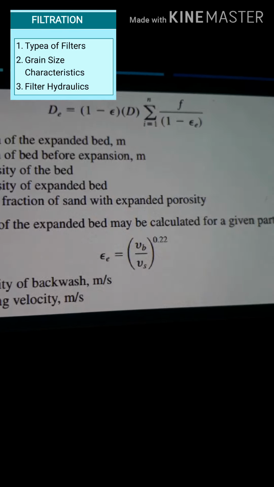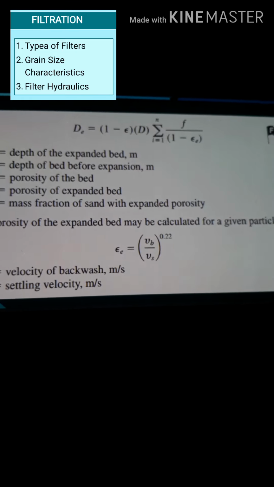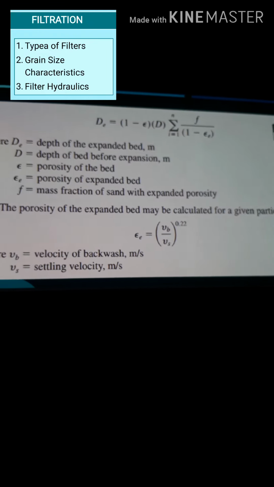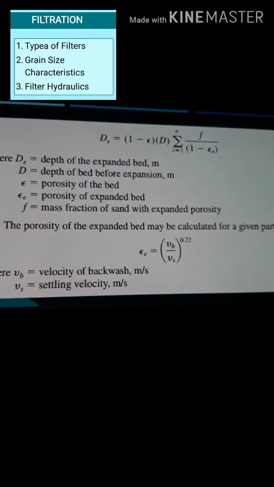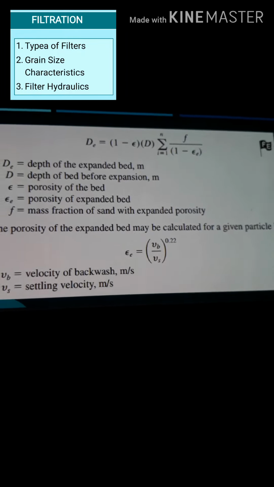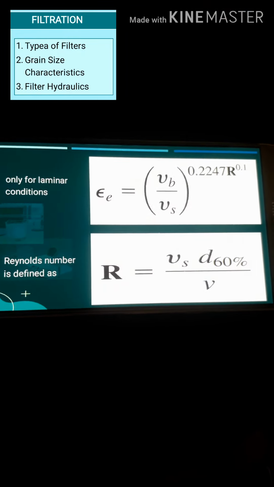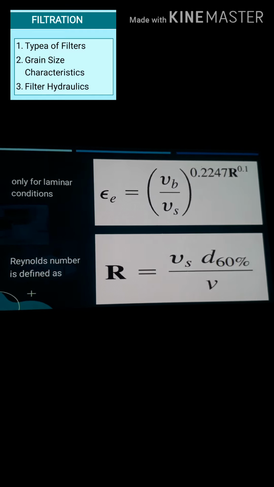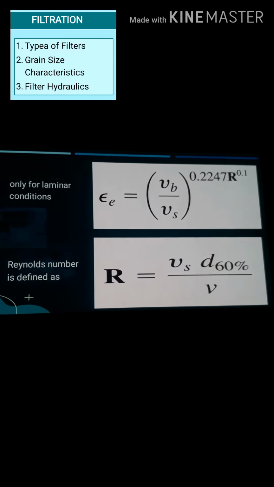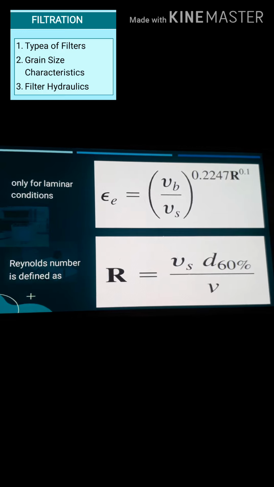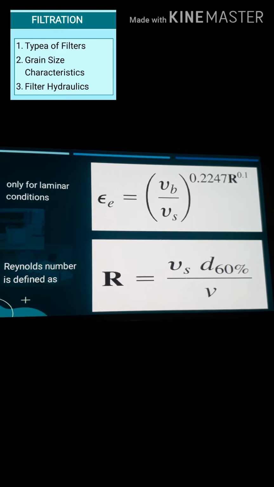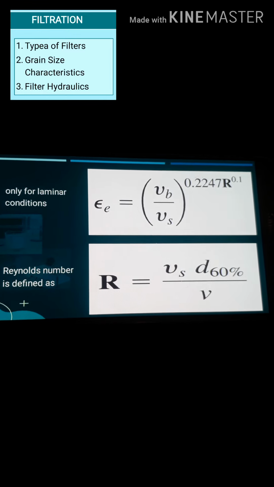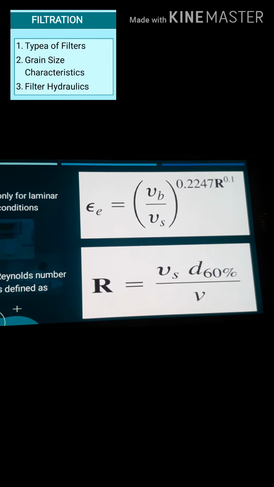The porosity of the expanded bed is equal to the velocity of the backwash over the settling velocity raised to 0.22. Our first equation is another way to calculate the porosity of the expanded bed, and that's only for laminar condition. And at the bottom we have the Reynolds number, defined as Vs times D sub 60 over the viscosity.